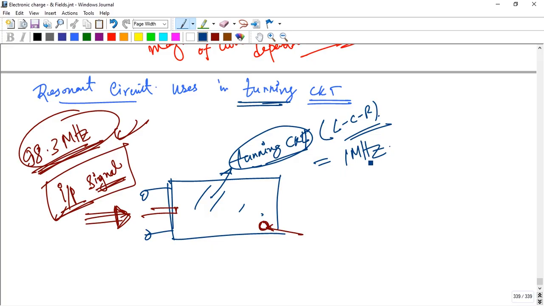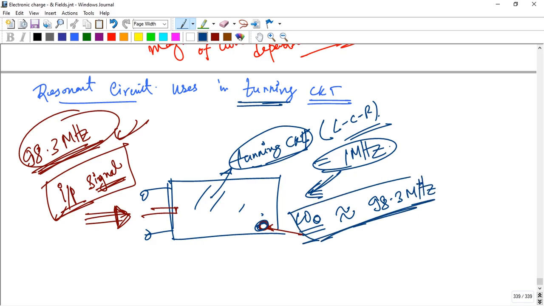Suppose the tuning resonance frequency is 1 megahertz; now you vary this knob and match this omega naught with 98.3 megahertz.